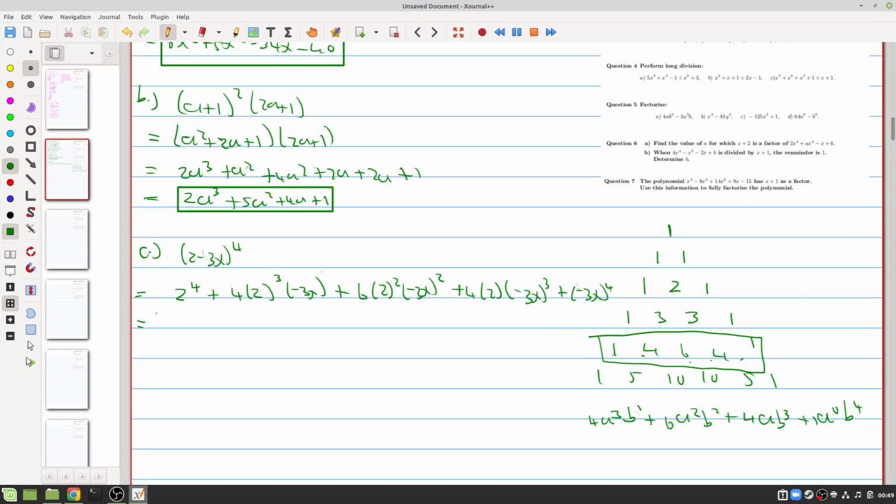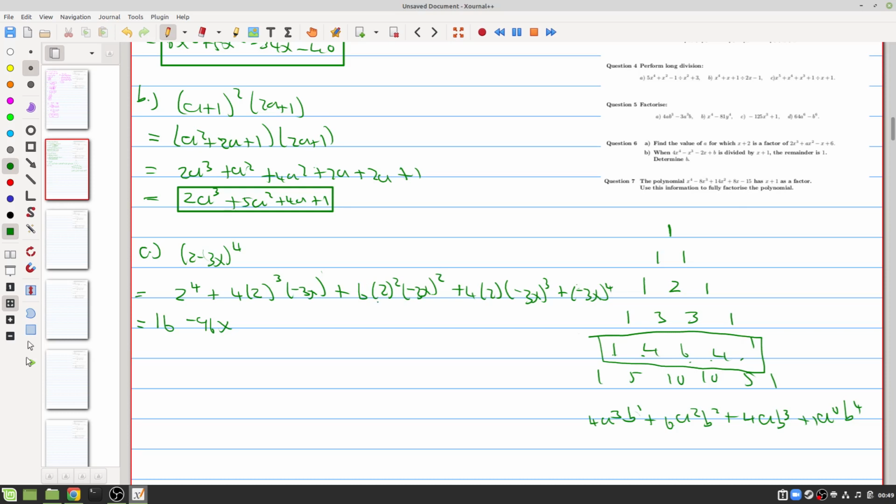Okay, so 2 to the power 4, 16. And then 2 to the power 3 is 8. 8 times 4 is 32. 32 times negative 3 is negative 96x. And then, so we've got 2 squared is 4. 4 times 6 is 24. And then negative 3 squared is 9.